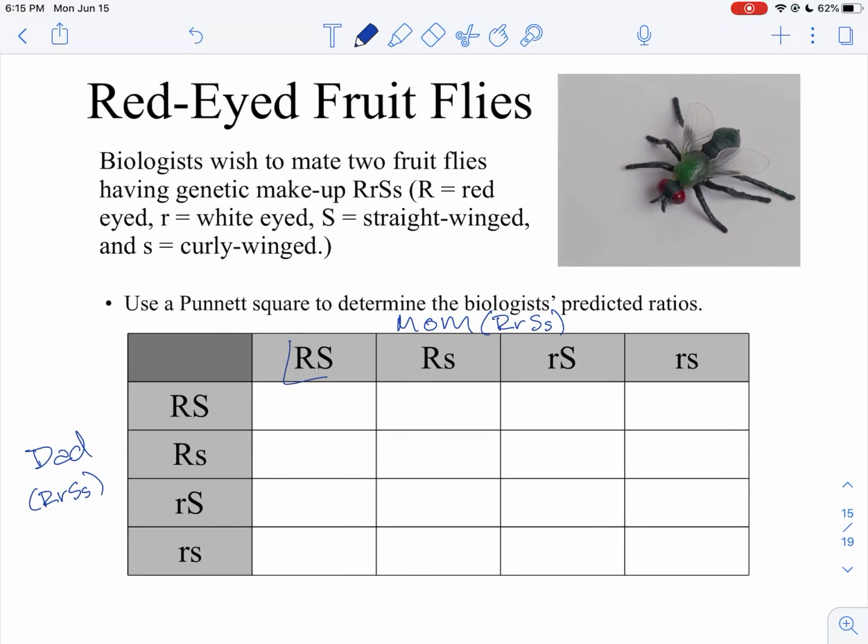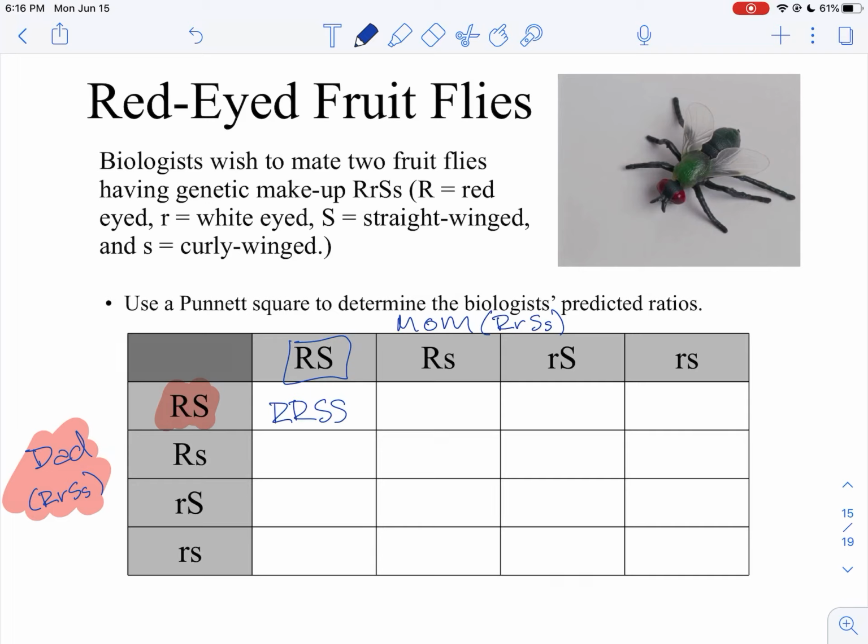So they could get both capital letters from mom, and maybe I should have written this one in a red color, get the two capital letters from dad as well, which would give them genetic makeup capital R, capital R, capital S, right?